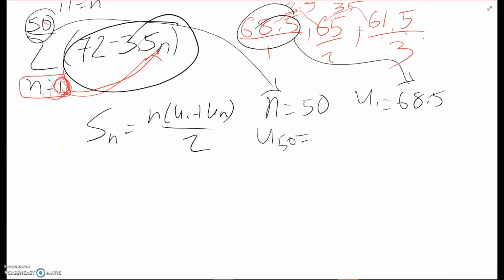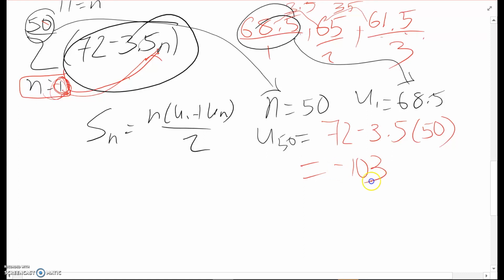I can substitute in 72 minus 3.5 times 50 and figure that out. So do 3.5 times 50, and then do 72 minus that. And I get negative 103. So there we go. I have all the values I need.